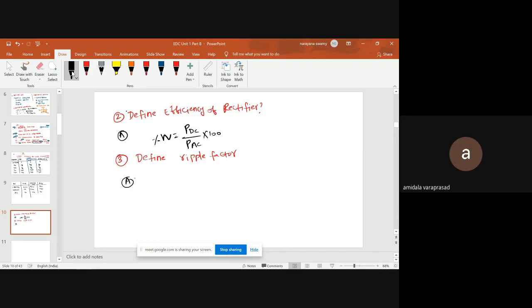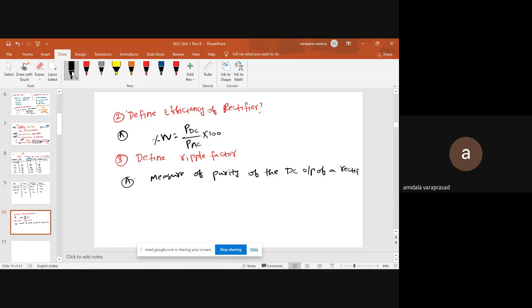The answer is: it is a measure of purity of the DC output of a rectifier.